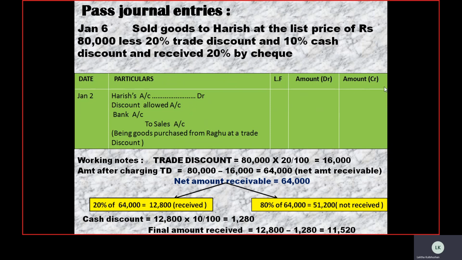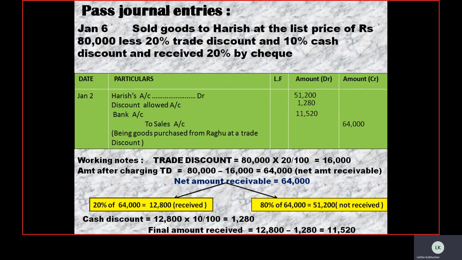So now let's substitute the amount in the journal. In front of Harish, 51,200 is the amount, which is very clear, which we are not able to receive. Discount we have already calculated, that is 1,280. And in case of the bank account, the final amount after charging the discount which we will be receiving here will be how much? 11,520.